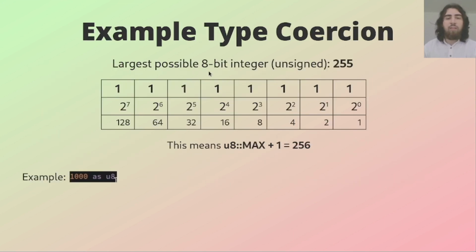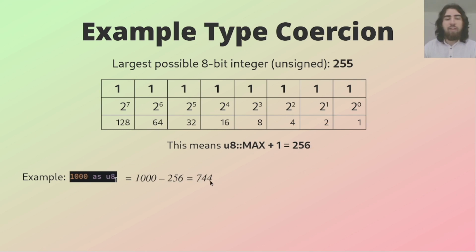As you can see, we have here the largest unsigned 8-bit integer, 255. And this would be the binary representation. This means that u8, this data type for unsigned 8-bit integers, max, meaning 255, plus 1 will be 256. So for example, if we typecast 1000 as u8, then let's see what the compiler will do. It will subtract 256, this value over here, from 1000.